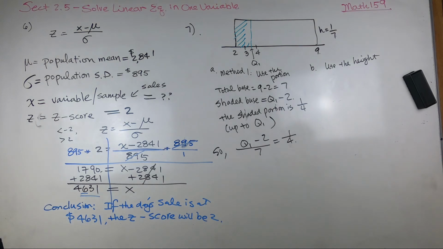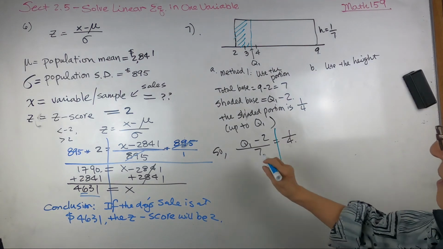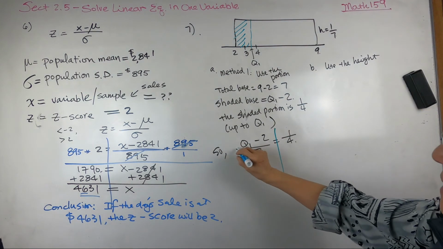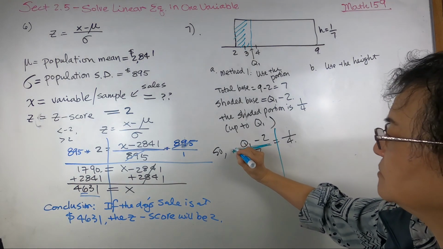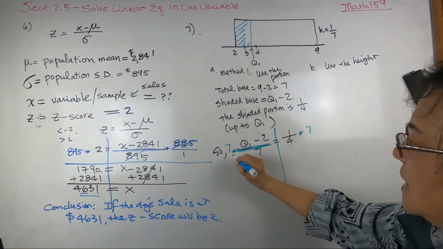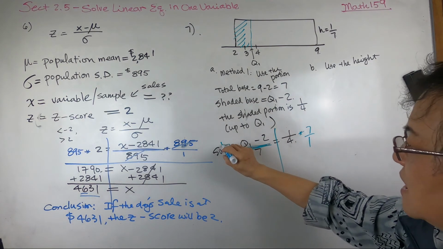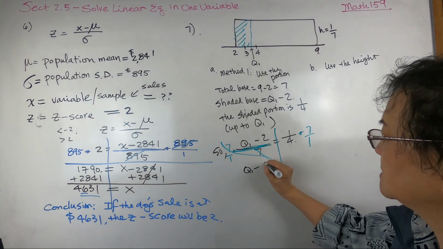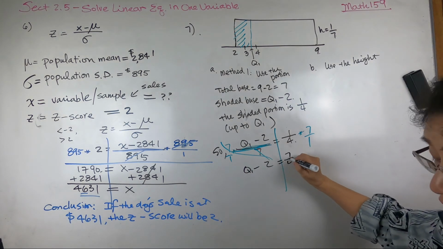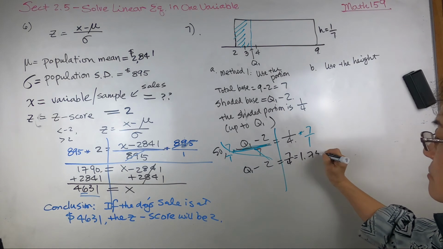Right? So we have an equation. Do we have a linear equation? Then we need to solve it, right? So 7 is the whole thing divided into different groups. So you get rid of 7 first: times 7 on both sides, put 1 underneath for your fraction, and you cancel out 7. Then what do you have? You have Q1 minus 2 equals 7 over 4. If you change it to decimal, 1.75.